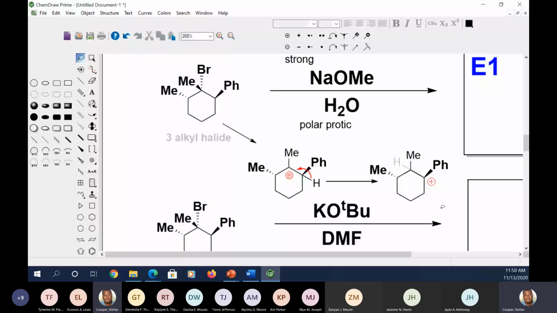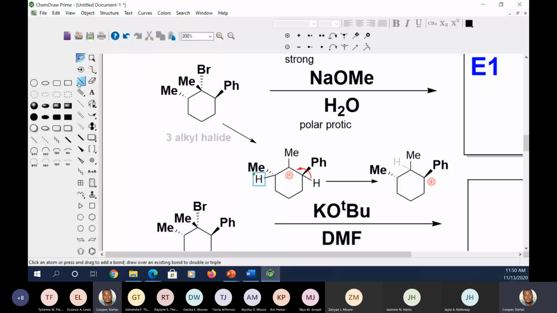Dr. Cooper? Yes, ma'am. On the left side, when you do the hydride shift, how is it not secondary? When you add the H on the left side, how's it still tertiary? Okay, so this H would move here if I did that.